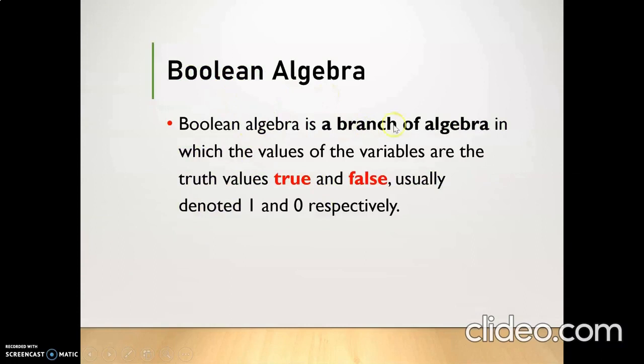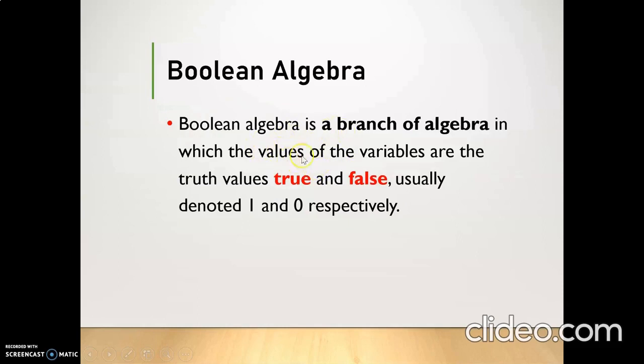Boolean algebra is a branch of algebra in which the values of the variables are the truth values, true and false only, which are usually denoted as 1 and 0 respectively. Boolean algebra is a branch of algebra, meaning it also involves the use of variables and operators, and the variables can have values.